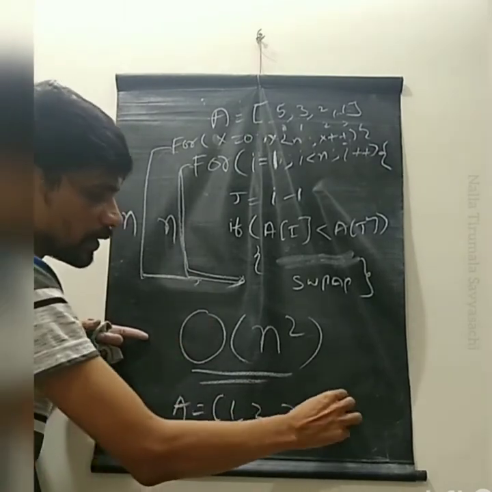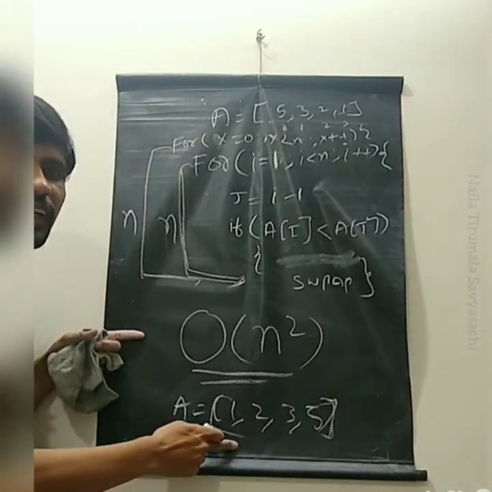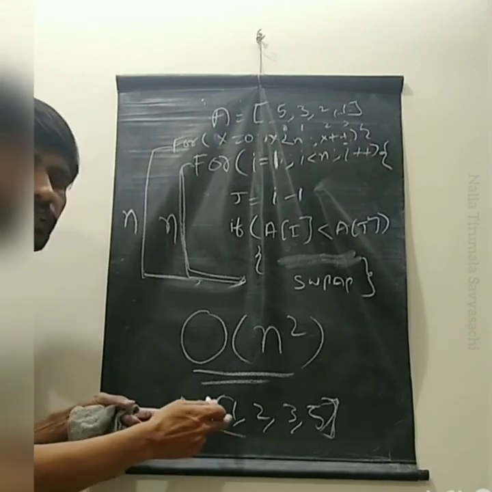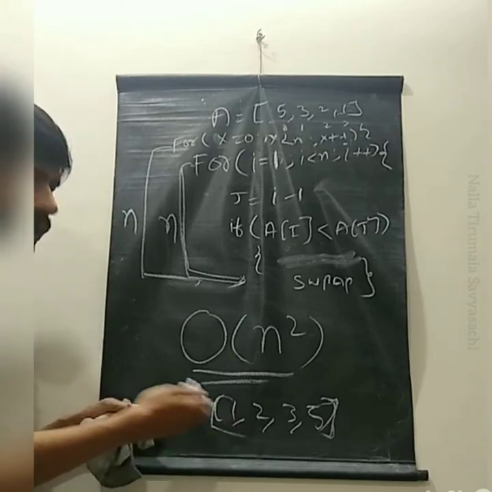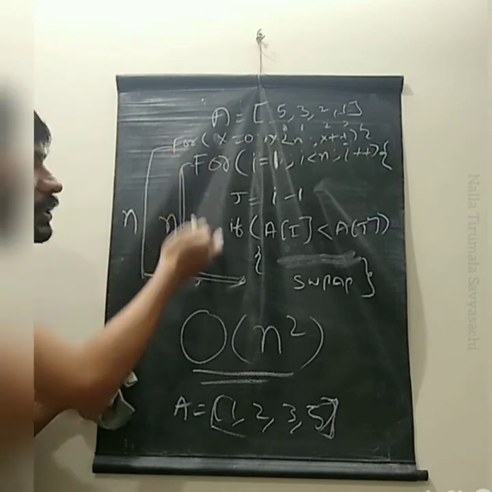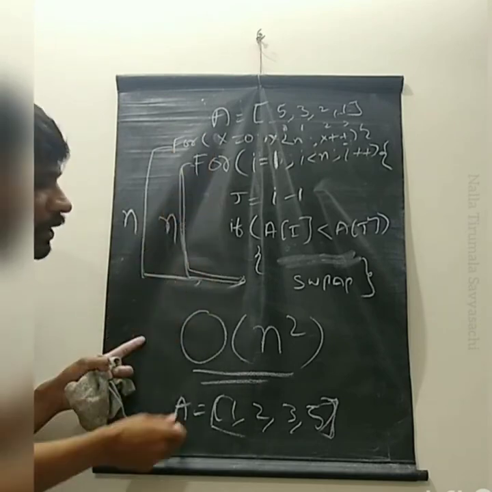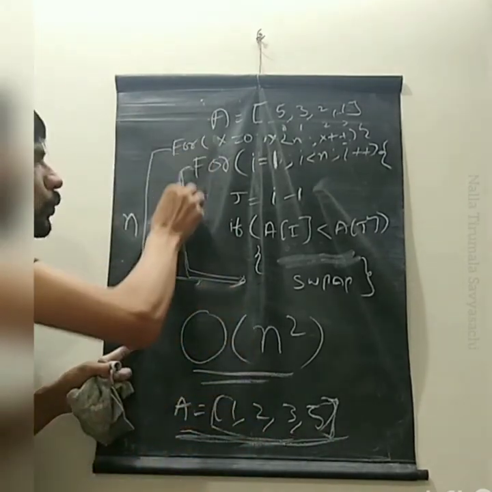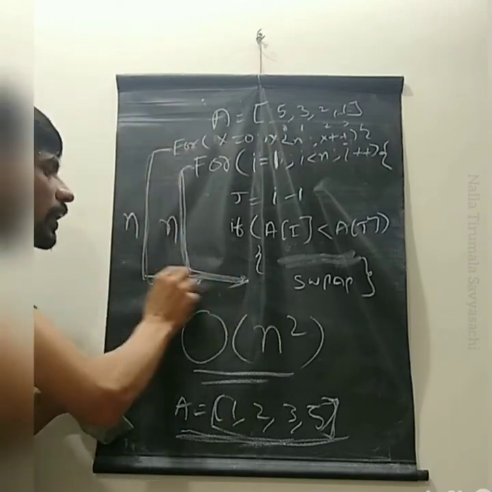So this is the best case actually, right? This is best case data, because I am lucky to get data that is already in sorted order. So there is no need to do anything. But because of this programming, even though my given data is in sorted order, I am executing the inner loop n times and the outer loop n times.